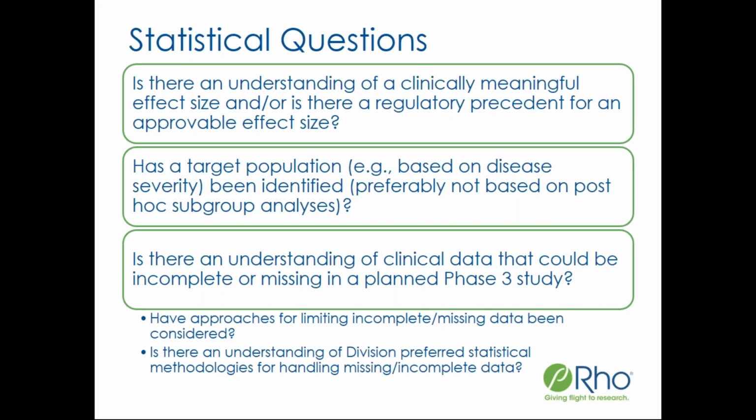And do you have an understanding of how you're going to handle incomplete or missing data from your phase 3 study? This is actually a topic that is high on FDA's list coming out of end of phase 2 meetings. They often provide a great deal of guidance around the handling of incomplete and missing data. So you want to make sure you're on top of the methodologies and the statistical approaches for handling missing data.